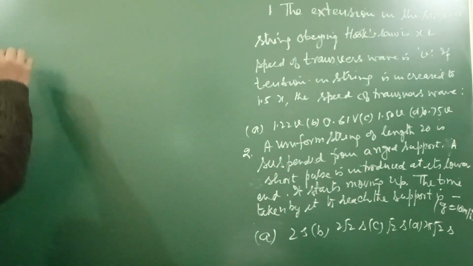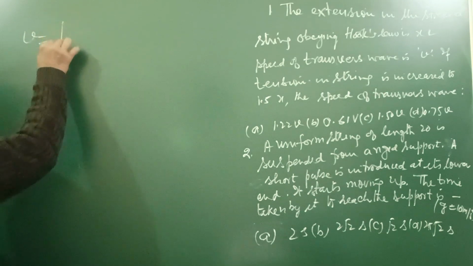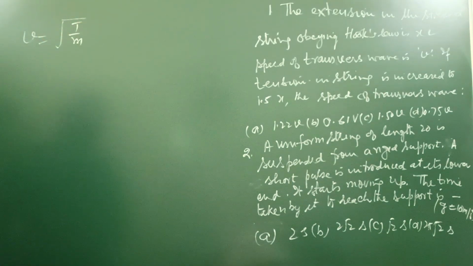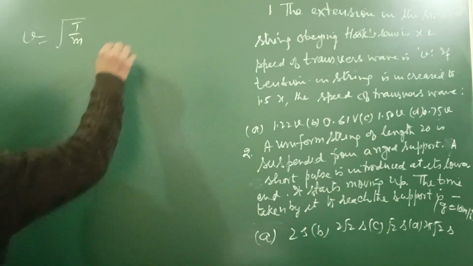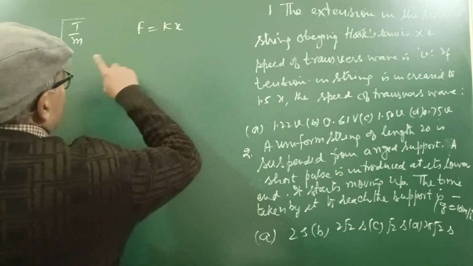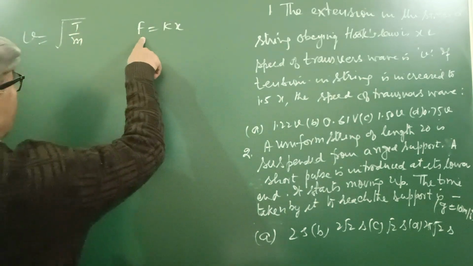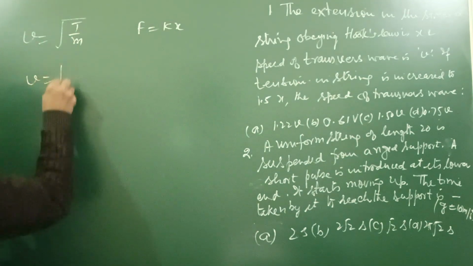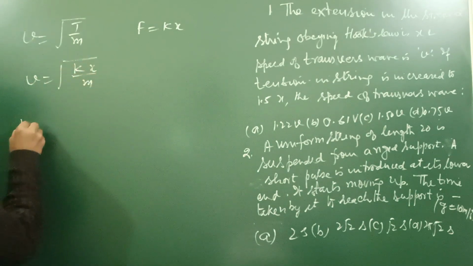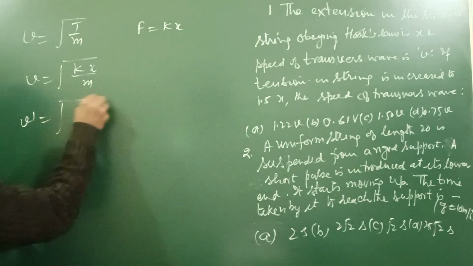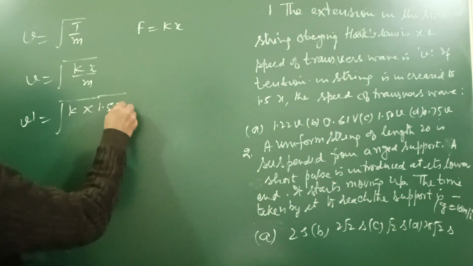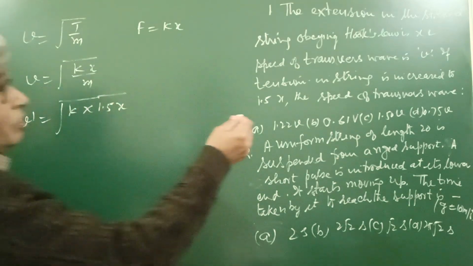So we know speed of transverse wave is equal to under root T by m. T is the tension in the string. As we know from Hooke's law, F is equal to kx. So tension T here is the force applied to stress. So v is equal to under root kx by m. Then v dash will be under root k into 1.5x, as extension means increase in length.